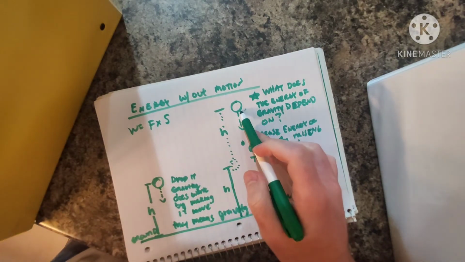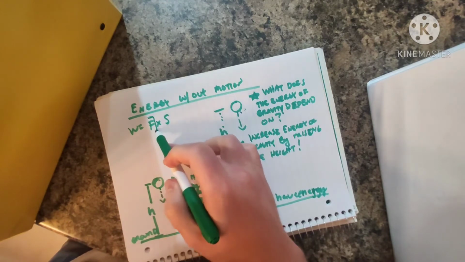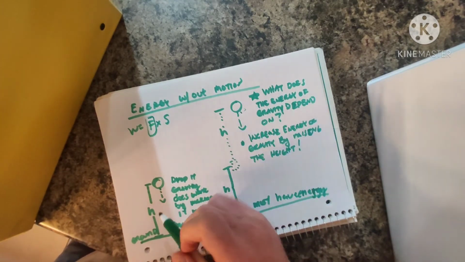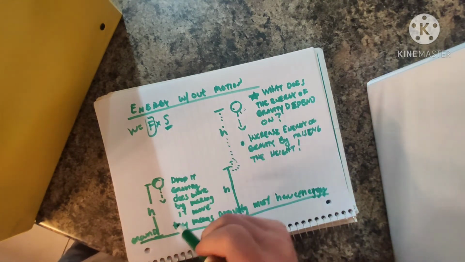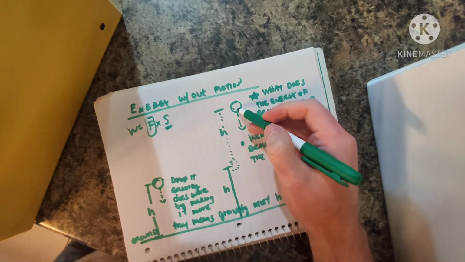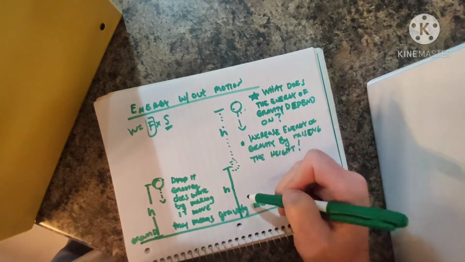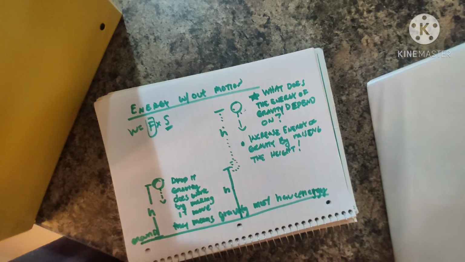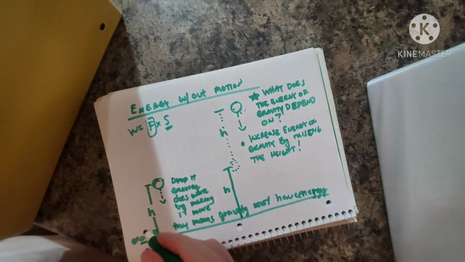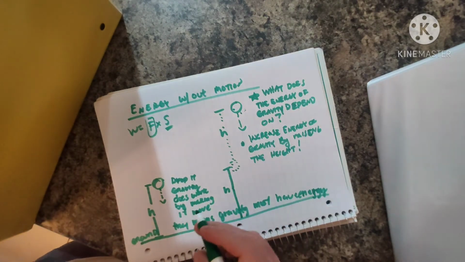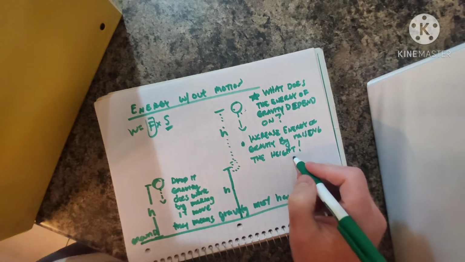So here the displacement is greater than here. The force due to gravity is the same on both these objects, but the displacement is different. We're displacing this ball by twice the height, twice as much as the original ball. So the force of gravity would be the same, but now it can displace more, and that means that the energy of the gravity has increased, okay, due to the height.